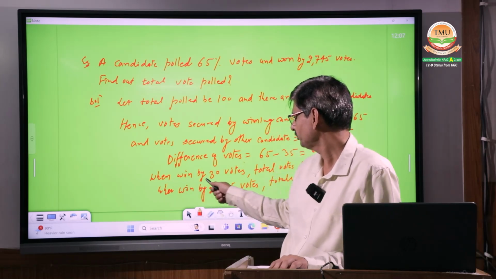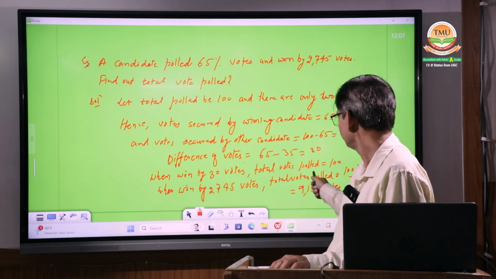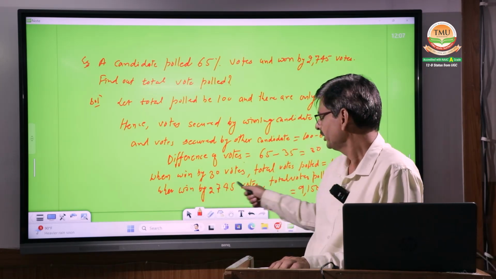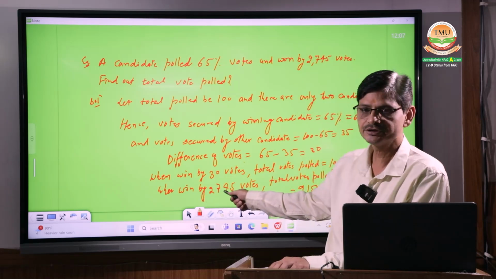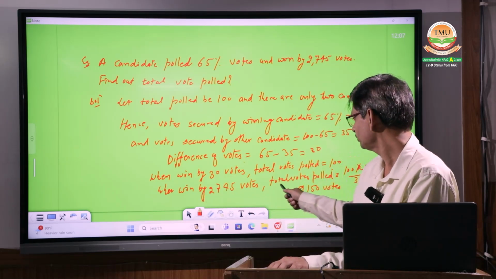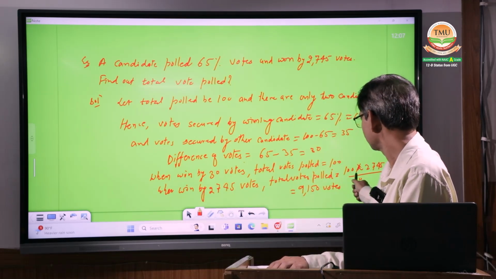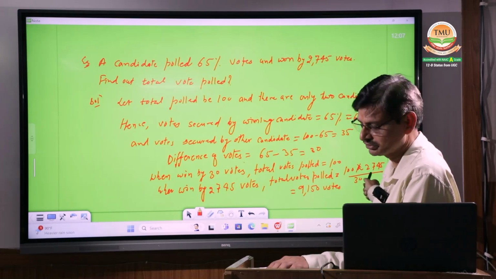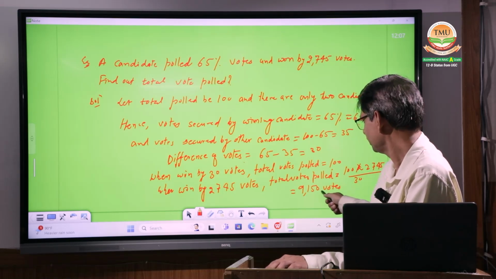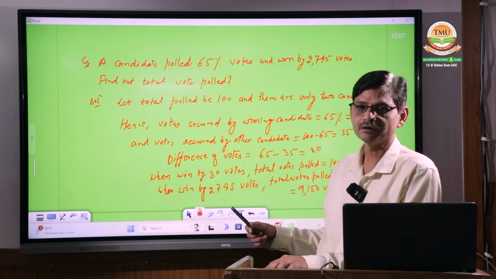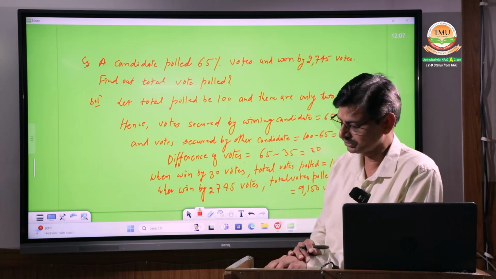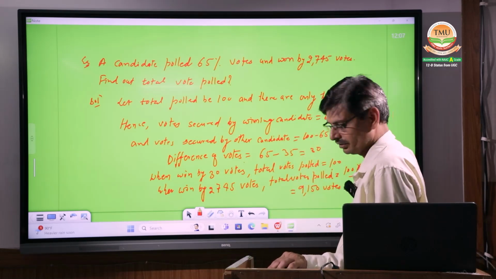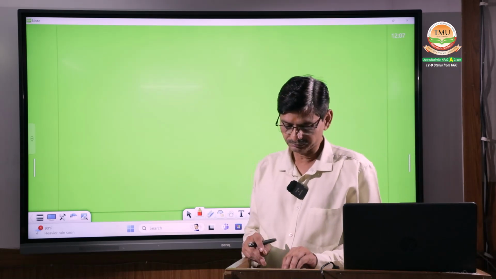Now when win by 30 votes, then the total vote polled is 100, and when win by 2745 vote, then the total vote polled is 100 into 2745 upon 30. This will be 9150 votes.